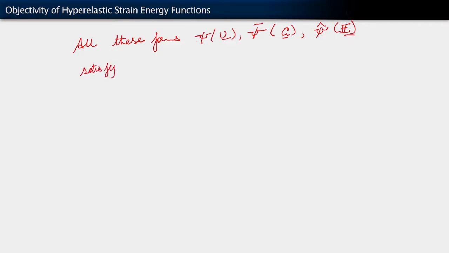All these forms, that is psi of U, psi bar of C, and psi hat of E, satisfy objectivity or frame invariance.